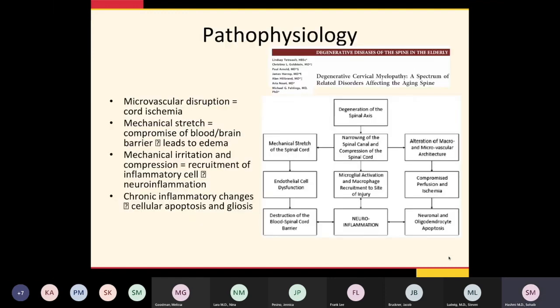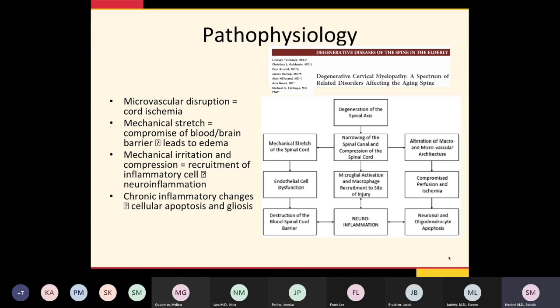So the pathophysiology in this degenerative condition really is structural and functional abnormalities in the spinal cord. And it's caused by both static factors, so these can be congenital spinal canal stenosis, cervical spondylosis, as well as the dynamic factor, which is the repetitive spinal cord damage caused by the instability that's formed.